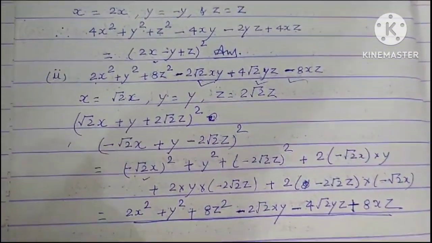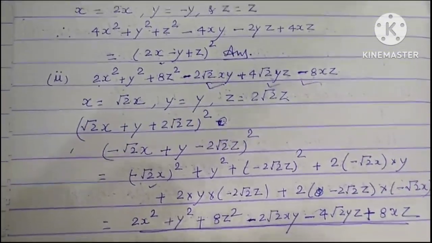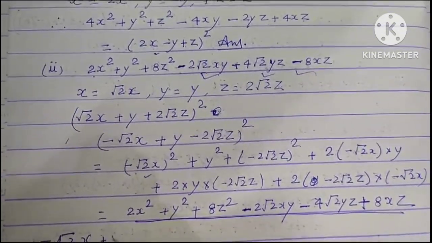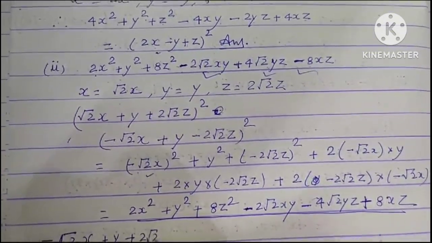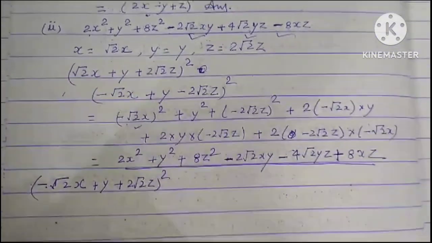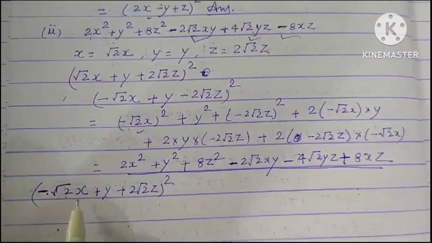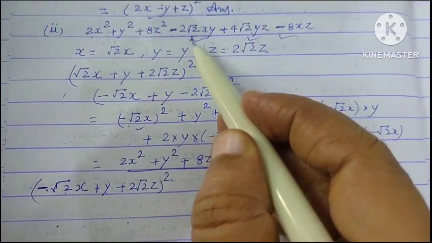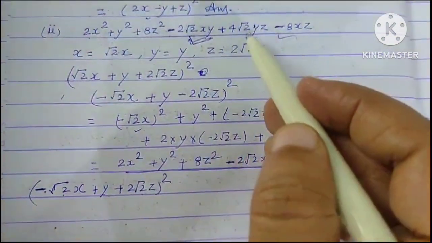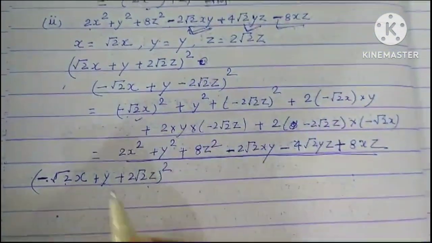So let us write this like this: minus root 2x plus y and plus 2 root 2z whole square. Now you will see clearly that when this is minus, the multiplication of these two terms will come minus, what is required. The multiplication of these two terms will come plus, what is required, and these two terms will come minus, what is required.